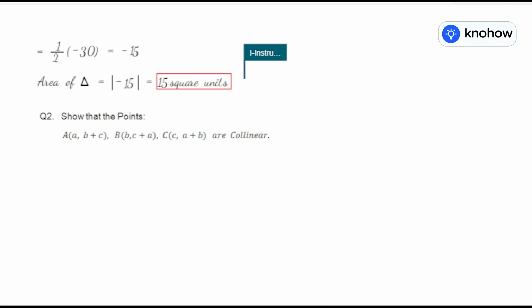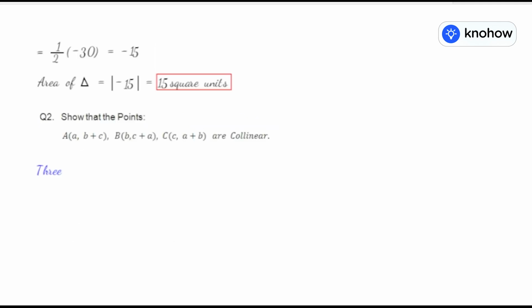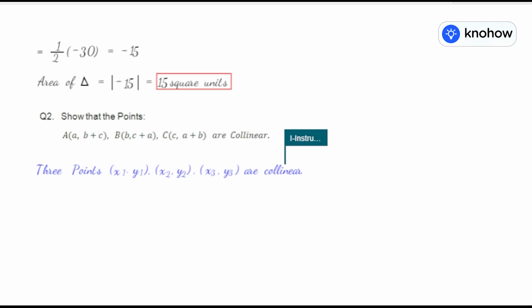Question 2. Show that the points A, B plus C, B, C plus A, C, A plus B are collinear. Three points, say x1, y1, x2, y2 and x3, y3, are collinear if the value of the determinant x1, y1, 1, x2, y2, 1, x3, y3, 1 equals 0.